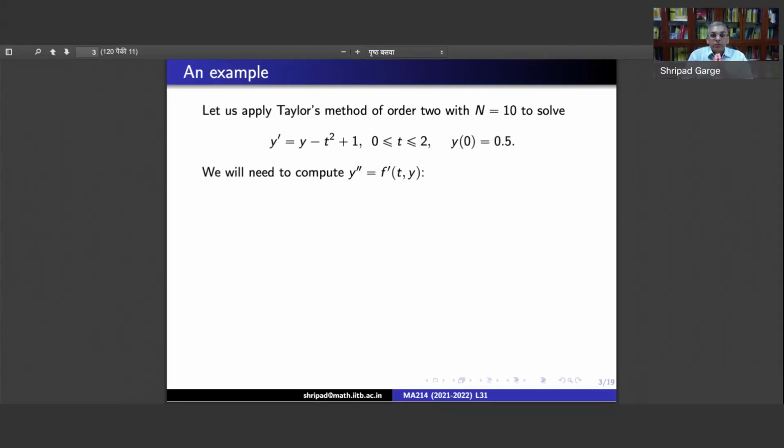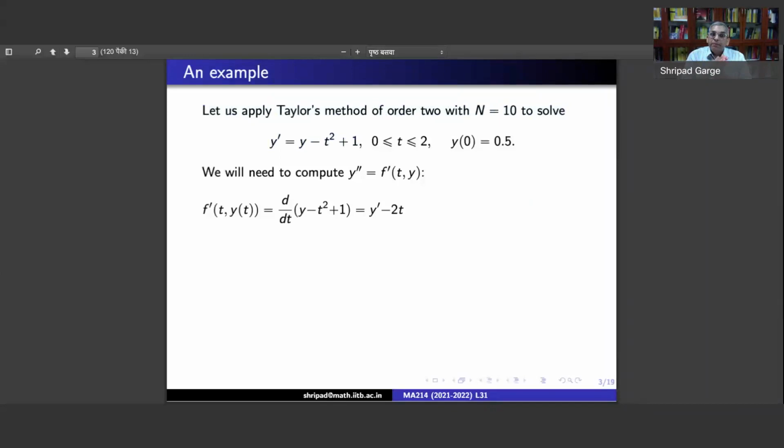Since we will have to compute y prime and y double prime, y prime is already given. So we need to compute y double prime, which is f prime, which is really the d by dt of the function f of t, y. f of t, y is given here, y minus t square plus 1. We want to compute its derivative with respect to t. That will be y prime, because you have to compute the derivative of y with respect to t, which is y prime minus 2t.